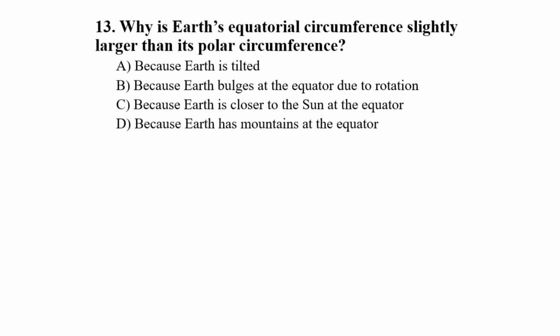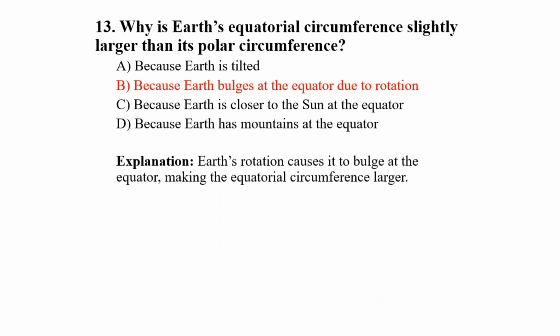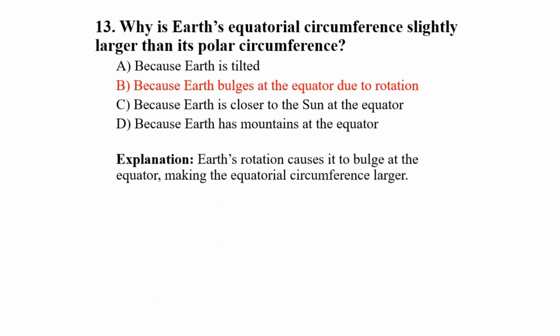D. Because Earth has mountains at the equator. The answer is because Earth bulges at the equator due to rotation. Earth's rotation causes it to bulge at the equator, making the equatorial circumference larger.